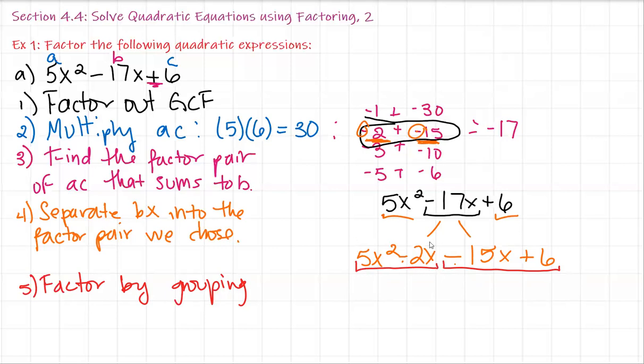So we're grouping them up and we're looking for a GCF to factor out from each group. What can I factor out of here? From the coefficients, nothing. There's nothing in common between 5 and 2. But in the x's, they both have at least one x. So I can factor out one x from each. And remember, when you factor stuff out, you're dividing that thing out. 5x squared divided by x, that's 5x.